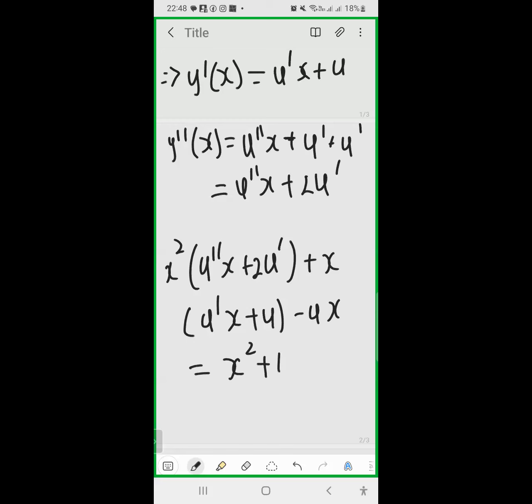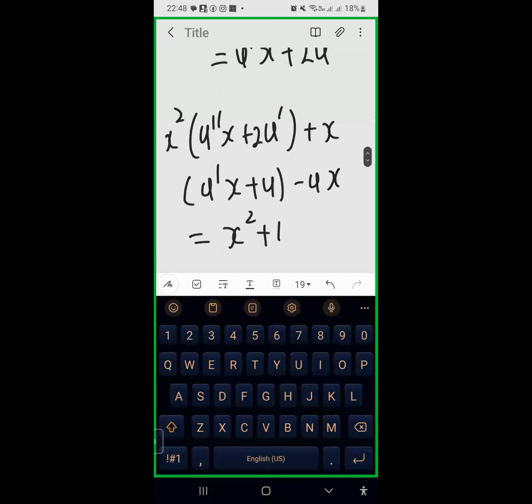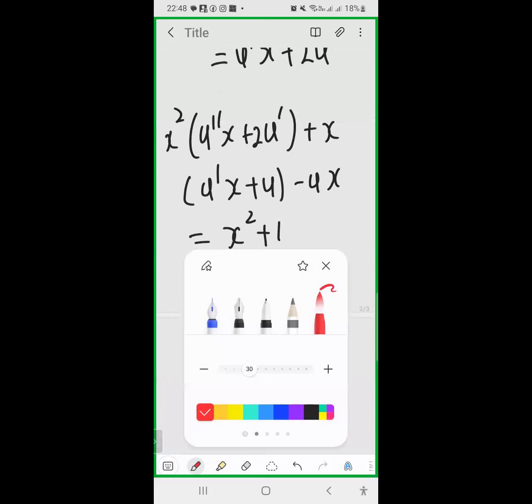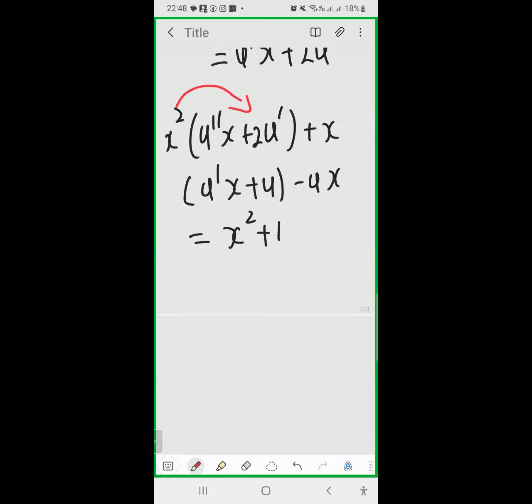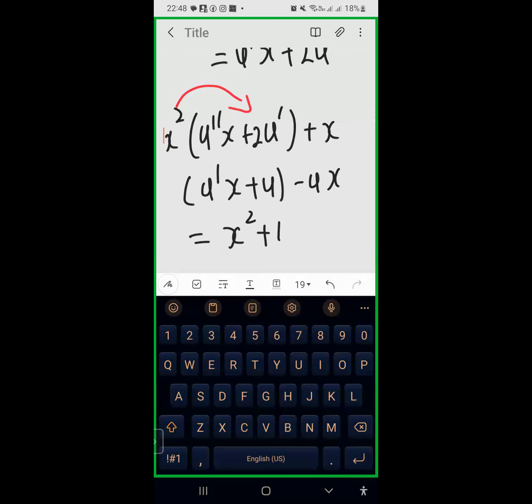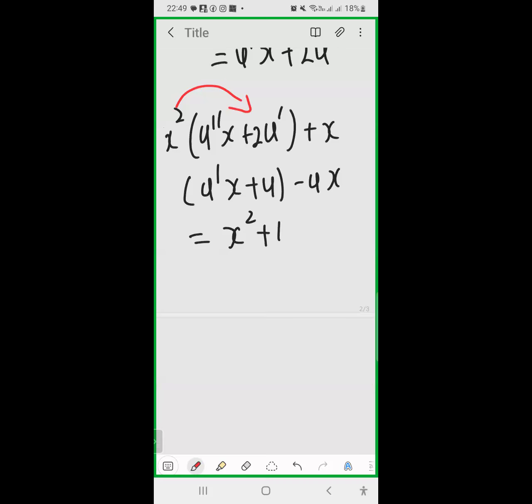Now let's continue and multiply out the brackets and then collect the common variables.